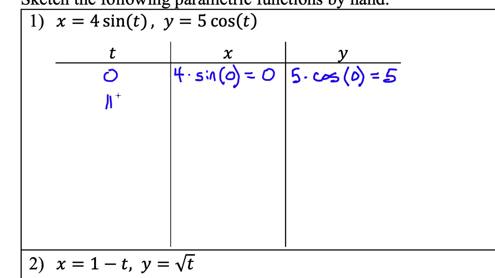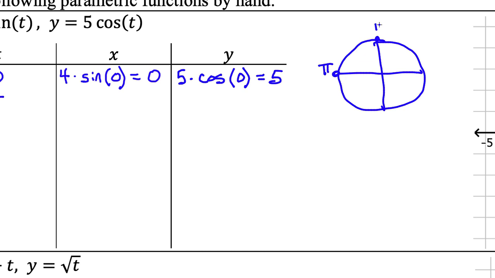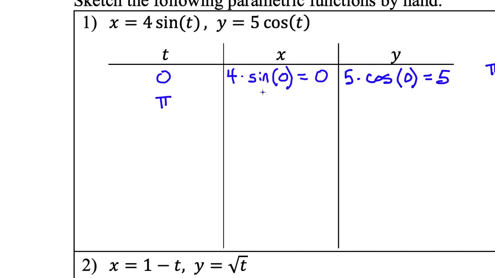Where is pi? And I can draw it slightly neater. So here's my unit circle. Pi lives right here. This is pi over 2. Here's 3 pi over 2, and this one is either 2 pi or 0, whatever you want to call it. I like using 0. So pi is over to the left.